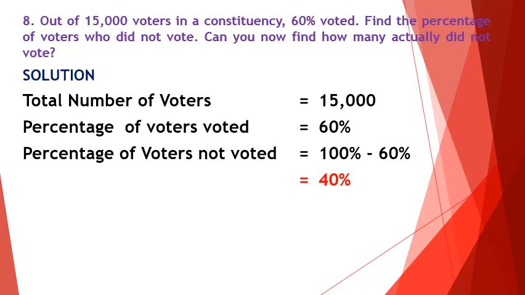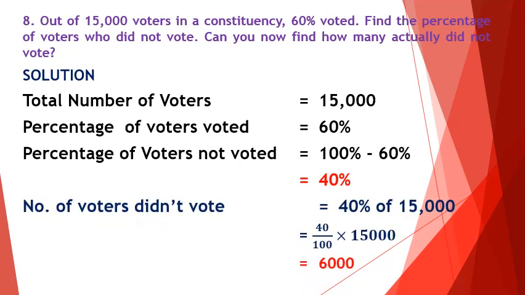Now we can move to second part of the question, that is 40 percentage means how many people actually did not vote, that we can find out. So the number of voters who didn't vote equal to 40 percentage of 15,000.